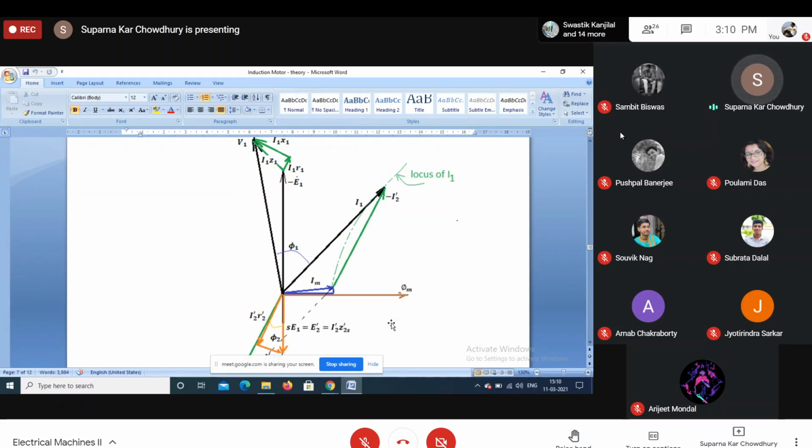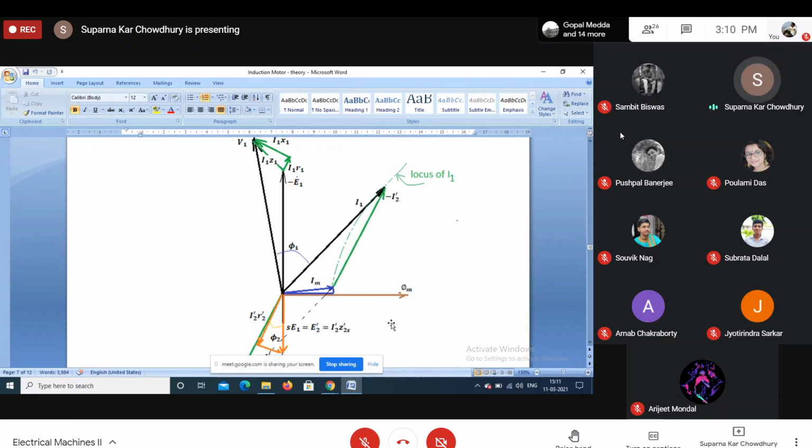Initially, when the electrical quantities are induced in the rotor, those are at supply frequency, because the frequency will depend on the relative speed between the rotating magnetic field and the rotor. Now, as the rotor starts gaining speed, the relative speed between the rotating magnetic field and the rotor will start decreasing.